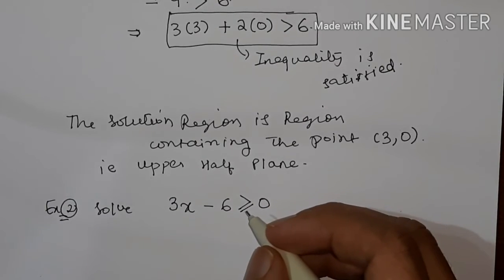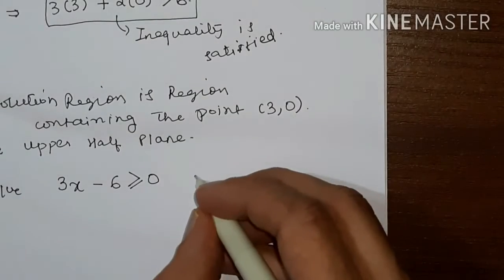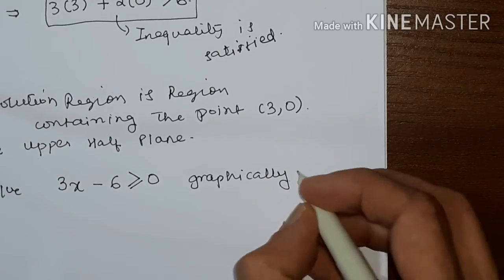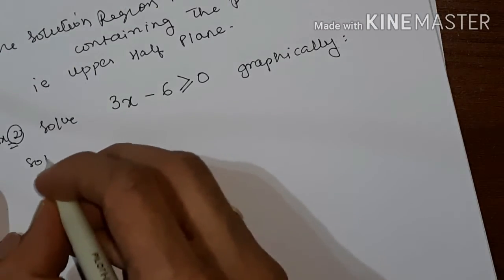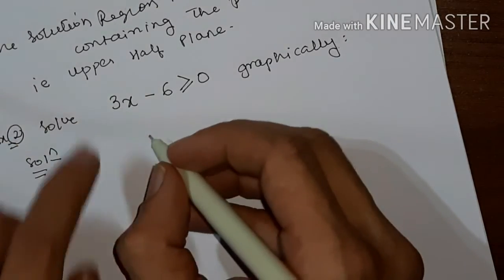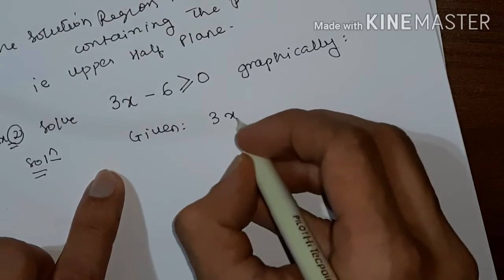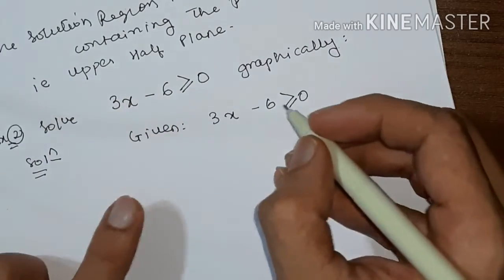That is the problem, and we have to solve it graphically. So you consider what is given to you first. Given is 3x minus 6 greater than or equal to 0.